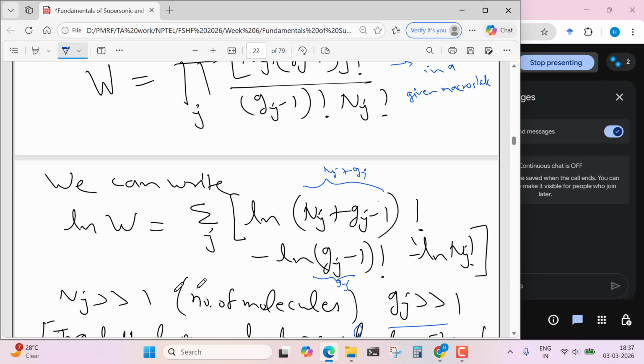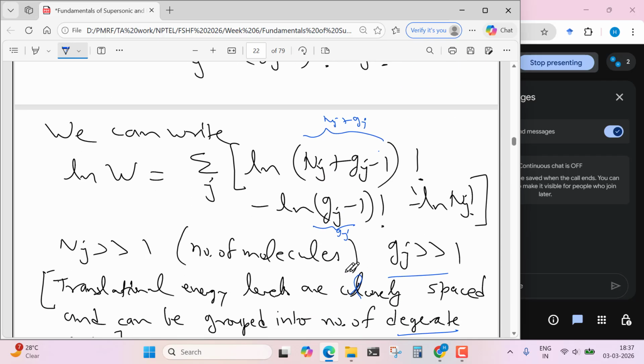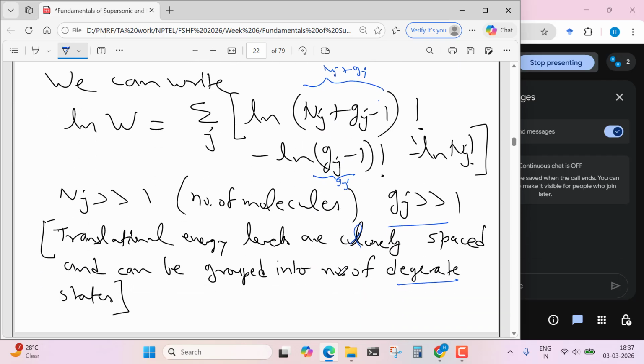Here Nj is very much greater than 1 and Gj is also very much greater than 1. For this, the 1 we can ignore in both these terms. Why is that? Because translational energy levels are closely spaced and can be grouped into a number of degenerate states.